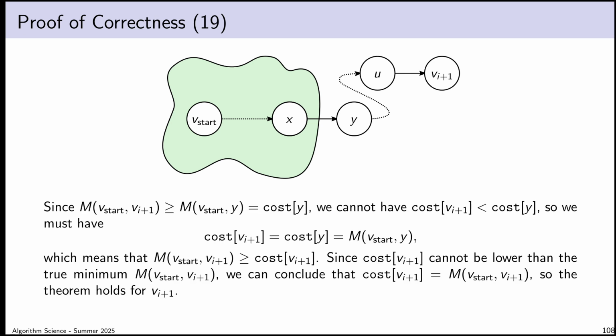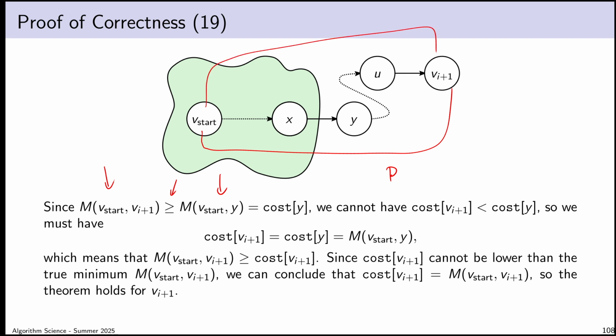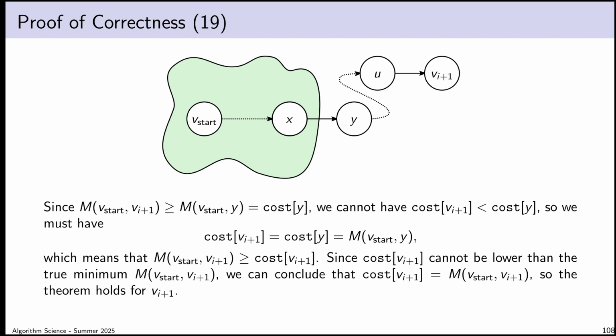Okay, so I'm basically just going to combine together all the relationships that we already saw. So one relationship was, because Y is in the middle of this longer path P, and we know that there are no negative weight edges, that means that the minimum cost of travel to Y is less than or equal to the minimum cost of travel all the way to VI plus 1. It doesn't make sense for the minimum cost of travel to Y to be somehow greater than the cost all the way across.